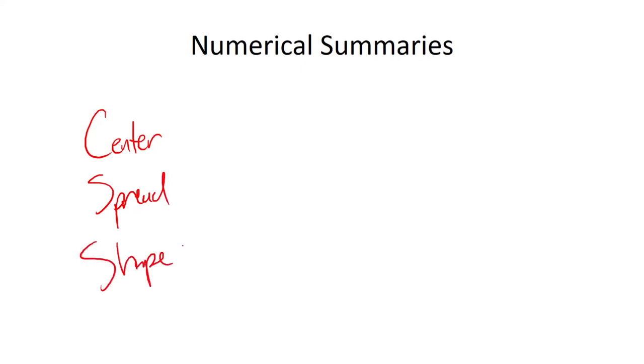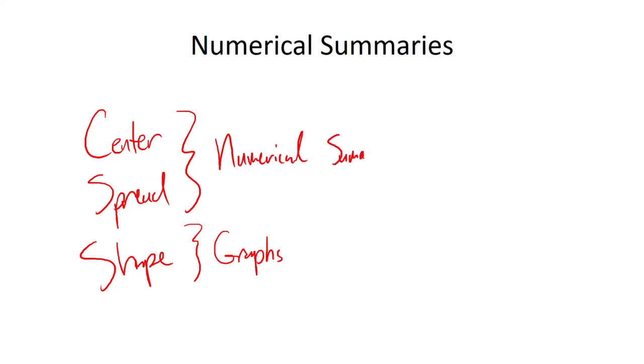Yesterday I told you there are 3 characteristics of data distributions: center, spread, and shape. We pretty much get shape from graphs, but for center and spread we like to get more specific, and numbers can do that because different types of numbers tell you different information about a data set. That's what we're going to work on today.